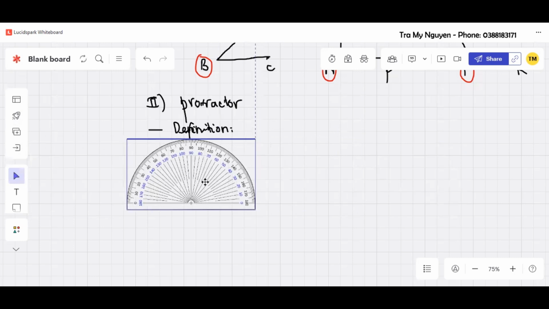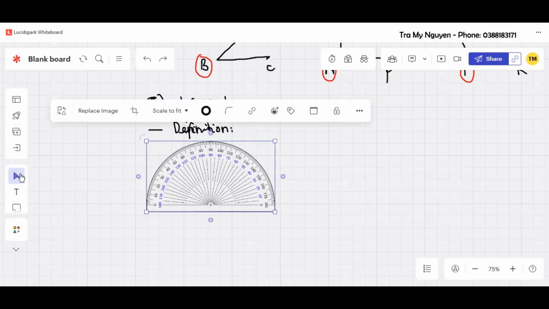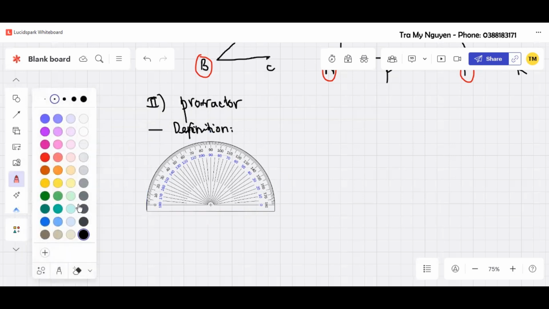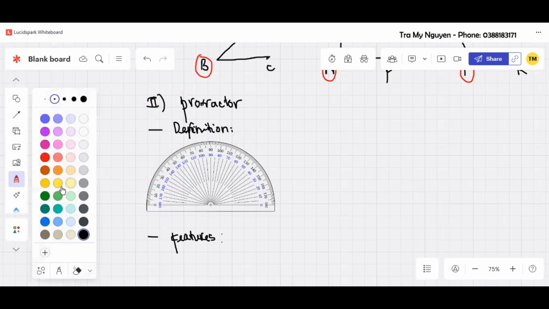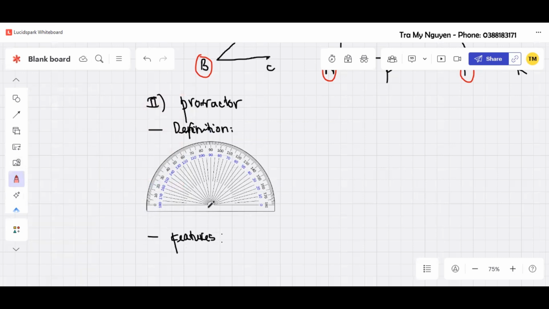Okay, so now let's see some features or characteristics of this protractor. Firstly, you can see that this protractor has a central point here.